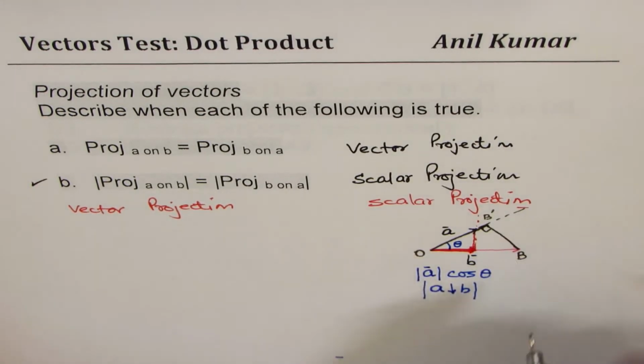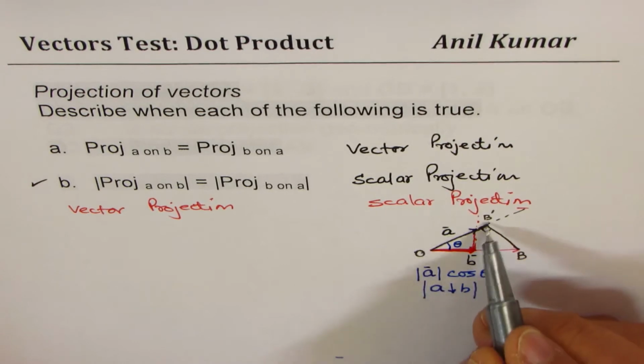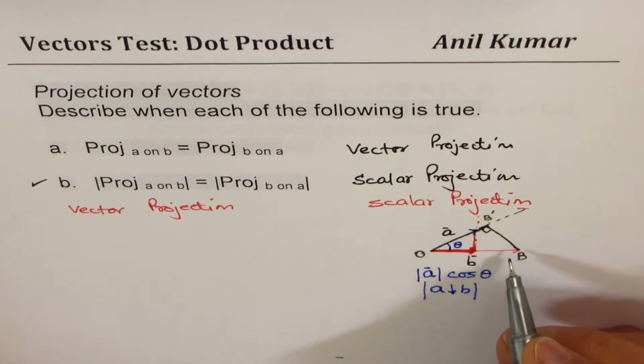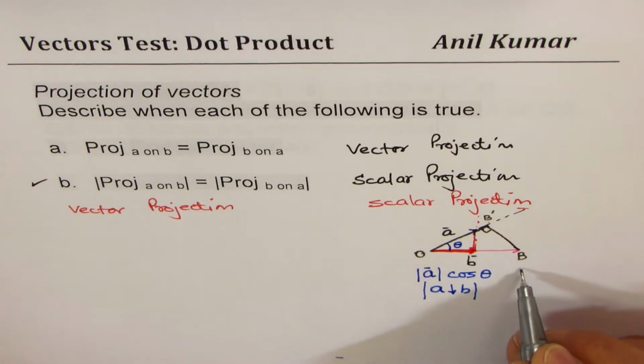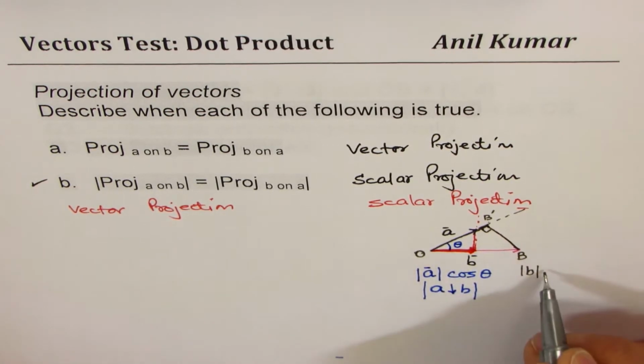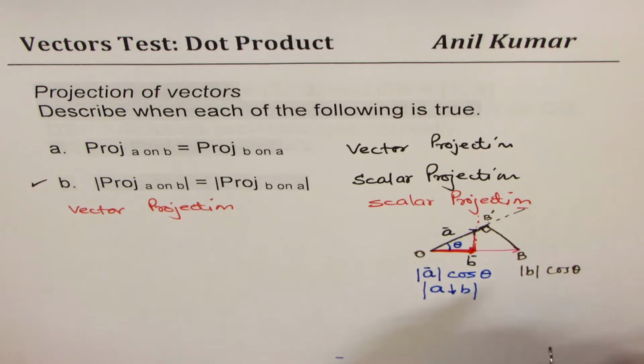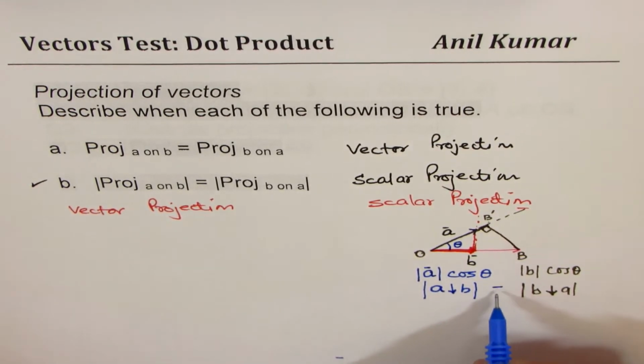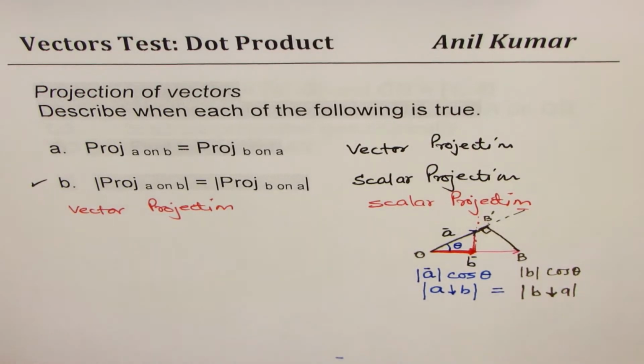Let's say this is B. Then OB dash is the projection, which is equal to magnitude of B and the same angle cosine theta. Do you see that? This is what we are saying, projection of B on A. That's another nomenclature.